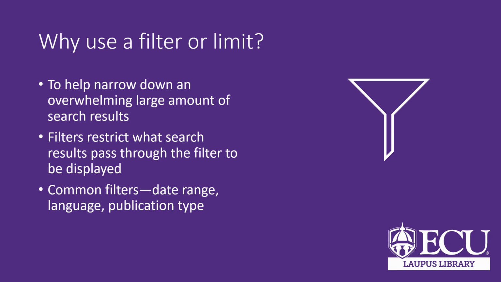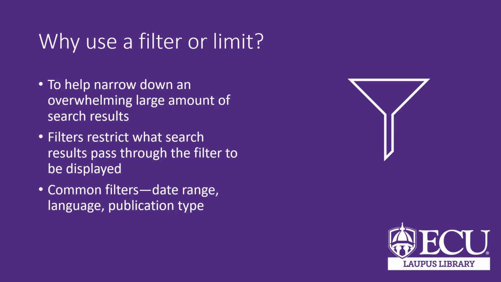For the purpose of this video, we will refer to filters and limits interchangeably. Each database or search engine you use has its own filter and limit, and you may not see the same ones in each database you search. But generally, you can filter by a date range or other common ones like language or publication type.